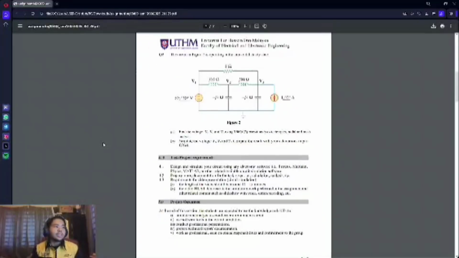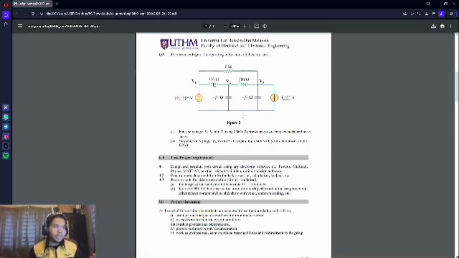Okay, now we continue the simulation for question 2. As we can see, this is the circuit that we need to create. For the value of the inductor and capacitance, for the inductance, we get the imaginary number J10. We need to convert it into ohm, a real number.